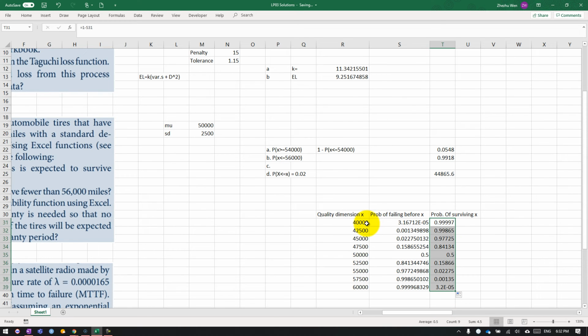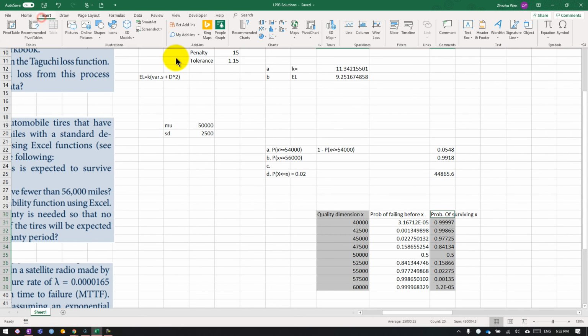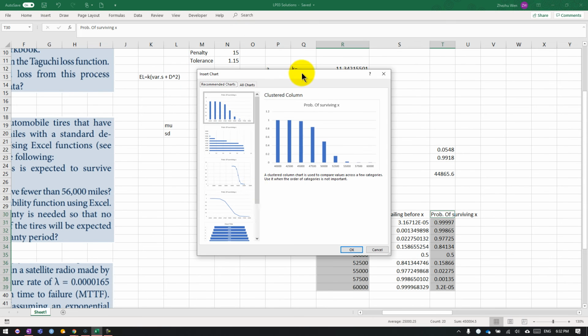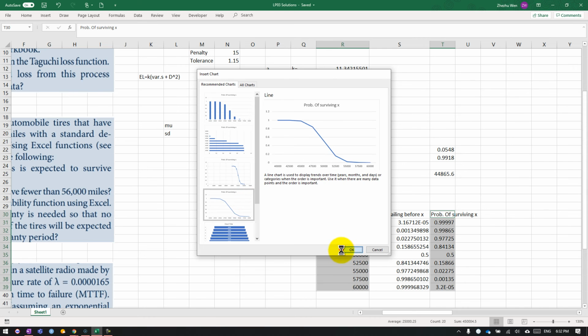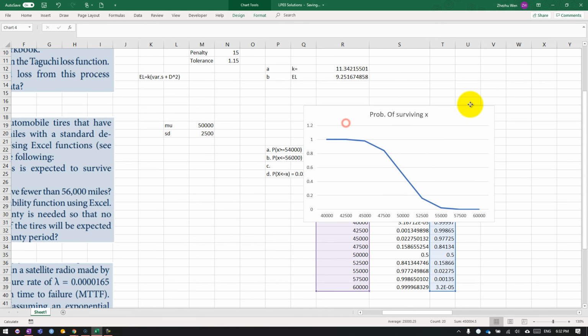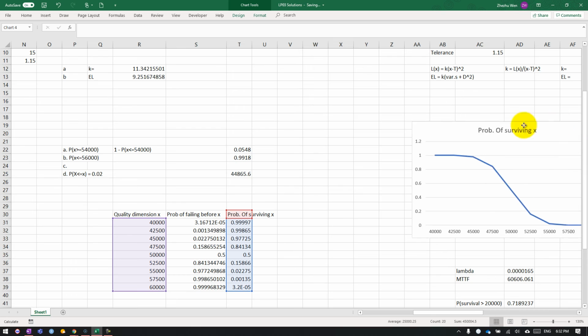Then for the reliability curve we'd like to draw, you need to select the first column and the third column. Press the Control key if you'd like to highlight two non-adjacent areas, and insert recommended chart. So boom, this is the reliability function of X.